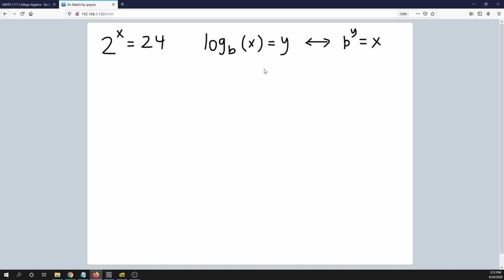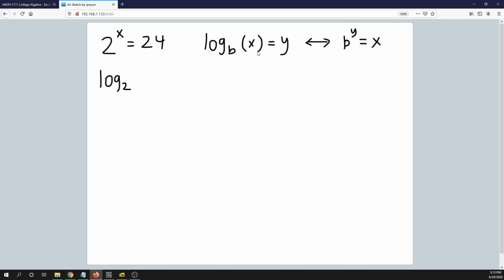So to do that, I would do log base 2, because the base of the exponential function is 2.